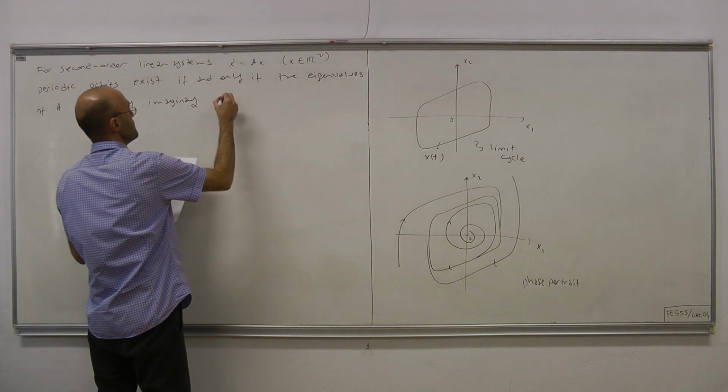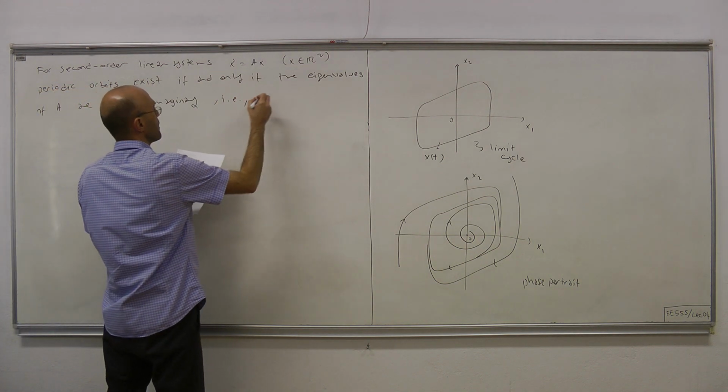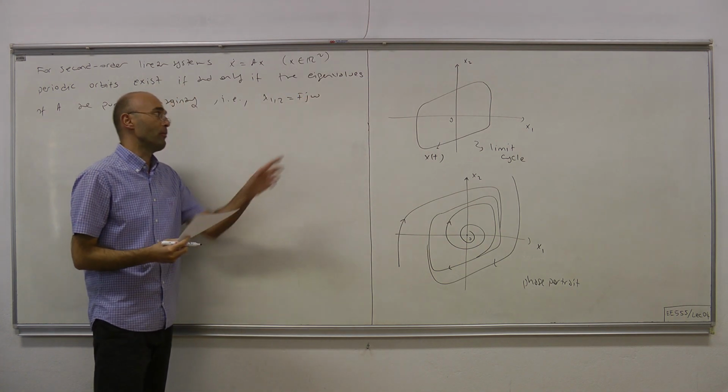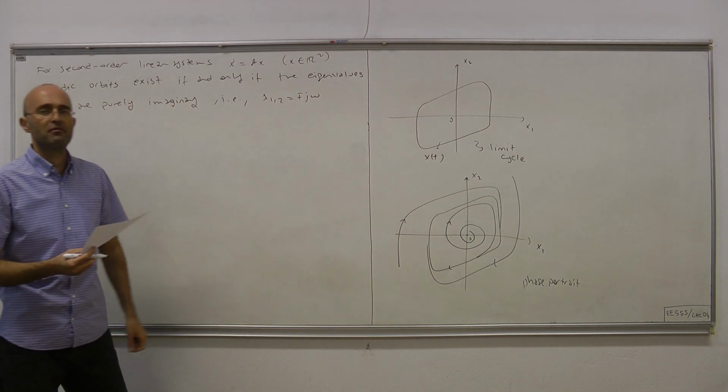Okay. That is, lambda 1,2 equals plus minus j omega, where omega is a real number different than 0.